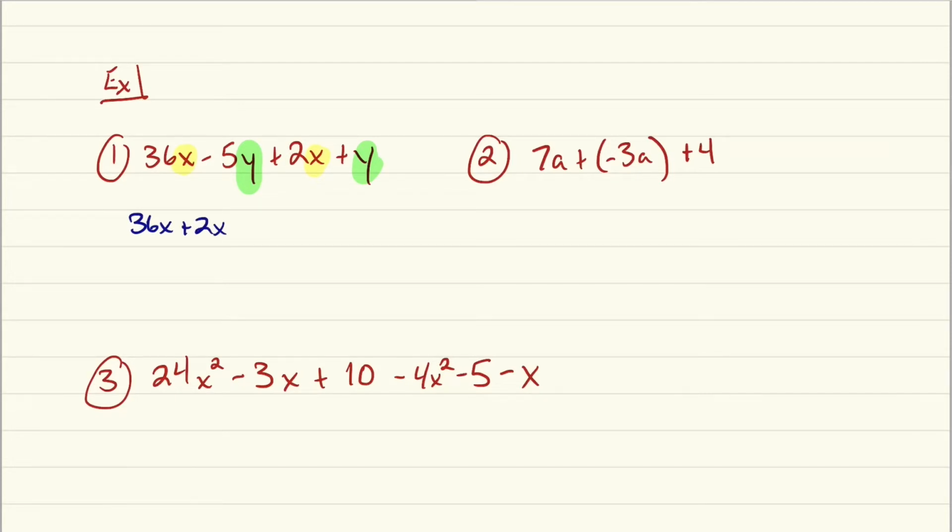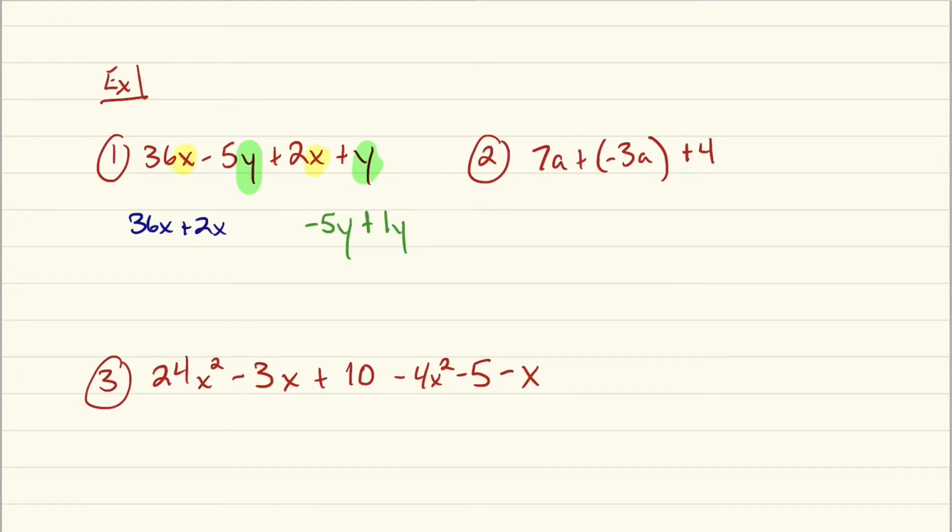And then separately, I have minus 5y, and it is minus 5y because of the minus sign that's in front of the 5 in the original problem, and then plus y. And we know that plus y is really plus 1y. We don't have to write that 1, but sometimes it helps.